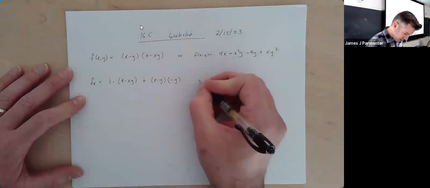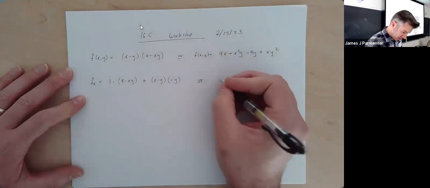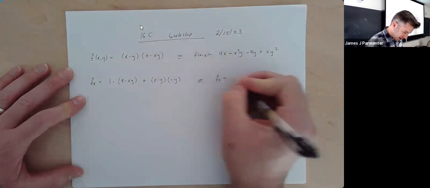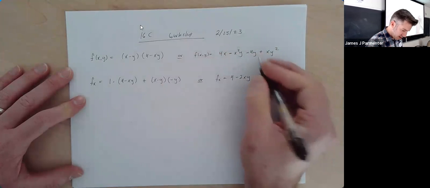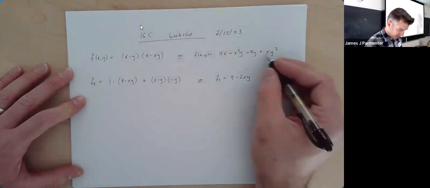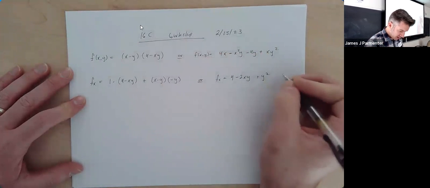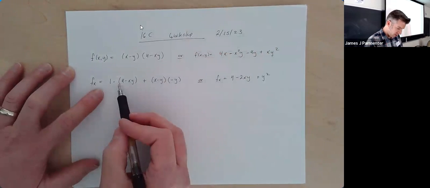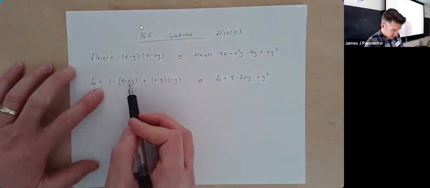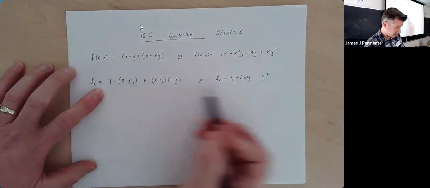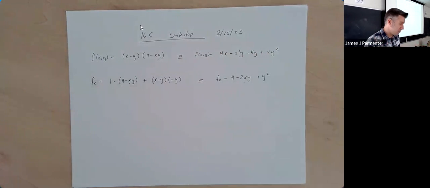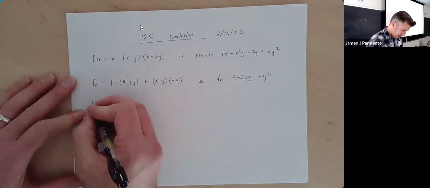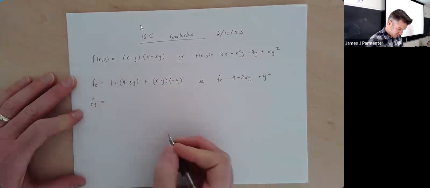Our partial would be 4, the derivative of x squared y would be minus 2xy, the derivative of 4y is 0, and the derivative of xy squared is y squared. If we multiply this out, we would get 4 minus xy minus another xy, which gives you the minus 2xy, and a plus y squared, which gives you that. So same either way.